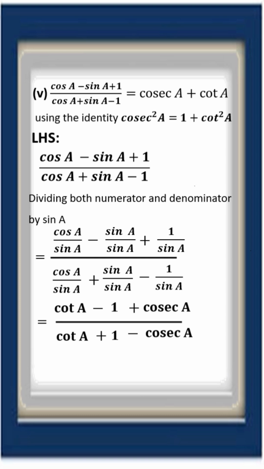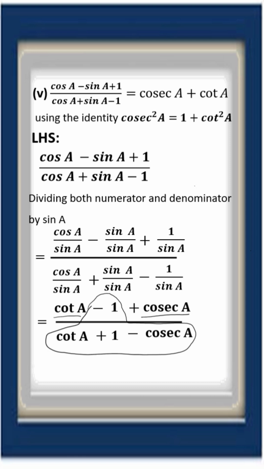We have to prove that it is equal to cosec A plus cot A. We have cosec A here, cot A here. These things are extra. Somehow we have to eliminate them.